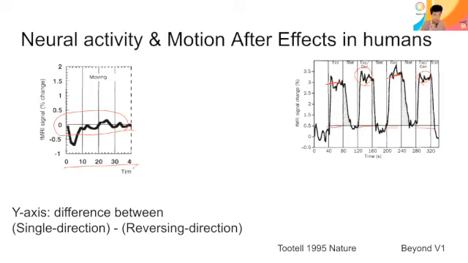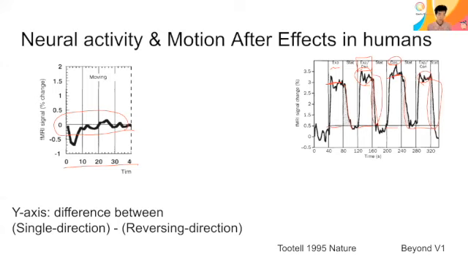But if you imagine that you are the subject, after 40 seconds of expansion, you should see aftereffects here. And after 40 seconds of contraction, you should see aftereffects here, right? And also after the expansion versus contraction, because it's balanced, we shouldn't expect any aftereffects during this period.